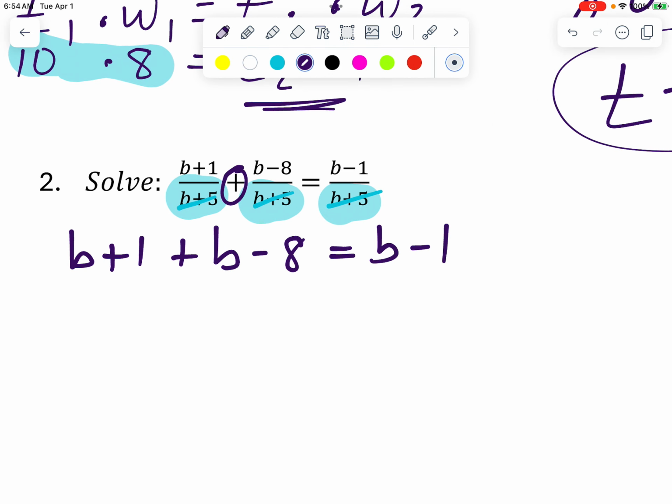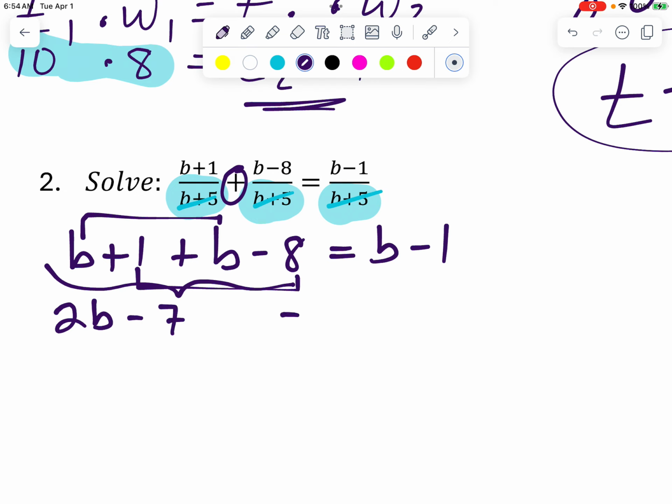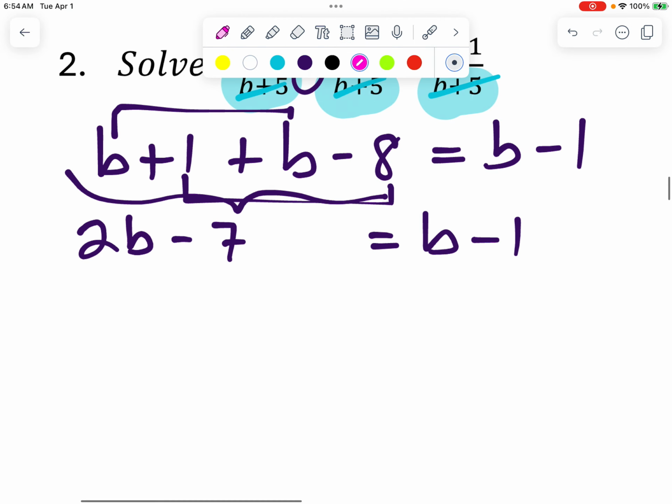Then we're simply just going to combine like terms on the left. So we're going to put our b's together. b plus b is 2b. And then we do 1 minus 8 is negative 7. And that is equal to b minus 1. Now what we want to do is get letters on one side and numbers on the other. Let's move this b over here to the left. So since this b is positive, we're going to do the opposite. We're going to subtract it.